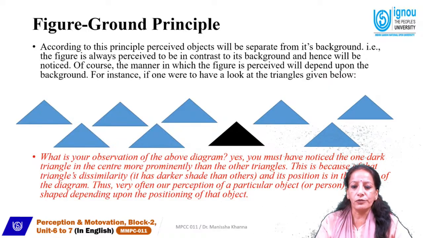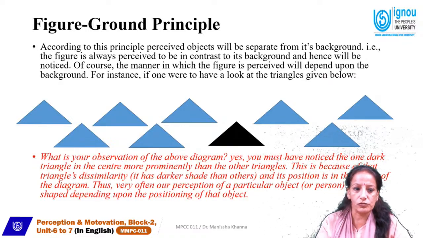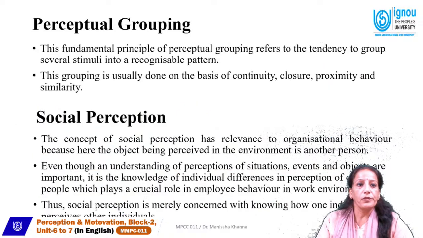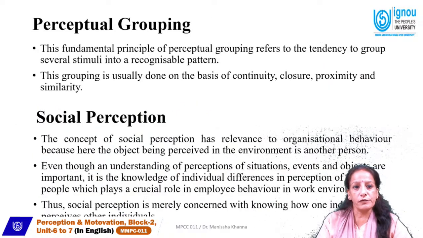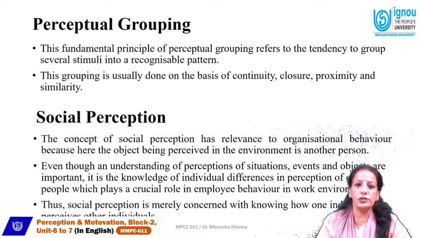So very often a perception of a particular object or any person is also shaped depending upon the positioning of that object. Perceptual grouping. This fundamental principle of perceptual grouping refers to the tendency to group several stimuli into a recognizable pattern. This grouping is usually done on the basis of continuity, closure, proximity, and similarity.